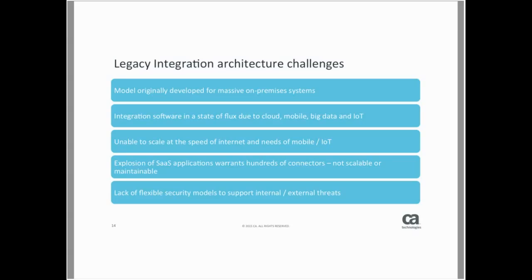But there are so many enterprises that have at least dozens and dozens of SaaS applications that they deal with in terms of systems of engagement and systems of record even. Given that, it's not a scalable or a sustainable solution to create a connector for every one of those SaaS applications and maintain them. What if the SaaS version or the application version changes? How do you update your connector?